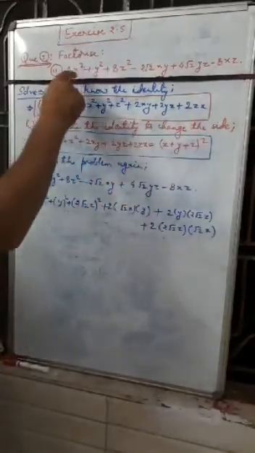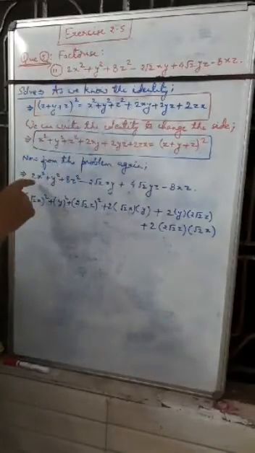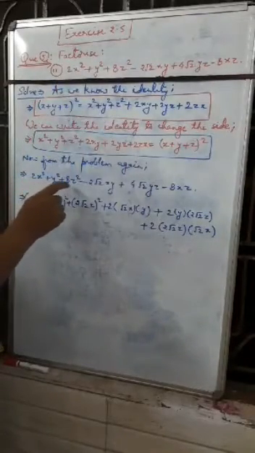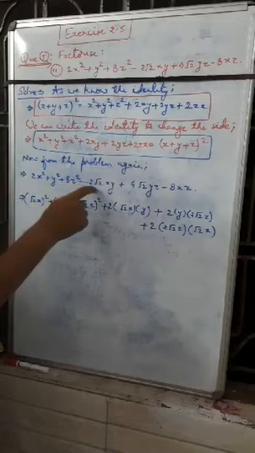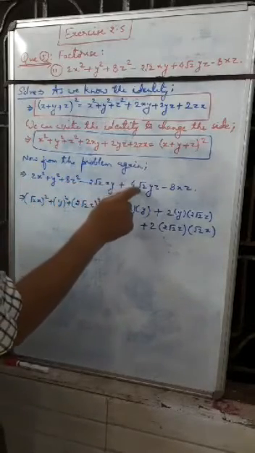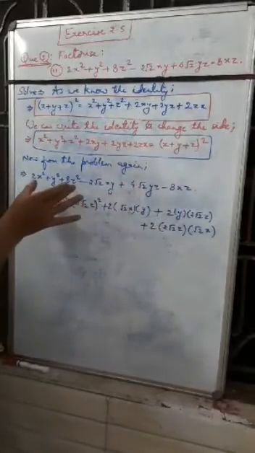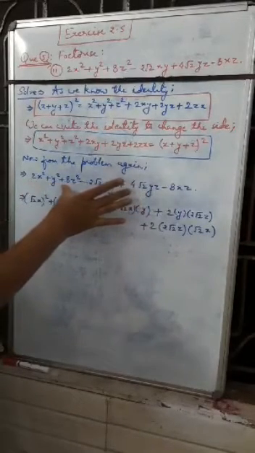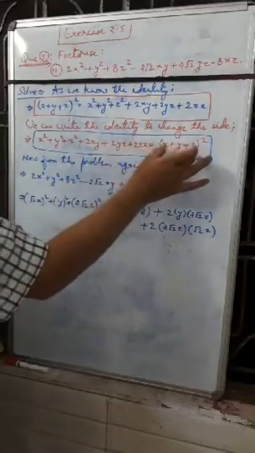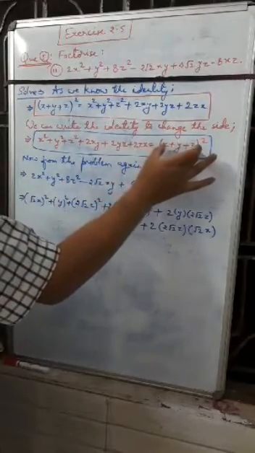So now we will write the problem again here: 2x square plus y square plus 8z square minus 2 root 2xy plus 4 root 2 yz minus 8xz. Now our target is, this equation we have to convert into the form of x plus y plus z whole square.